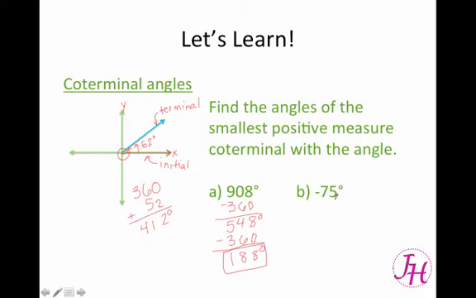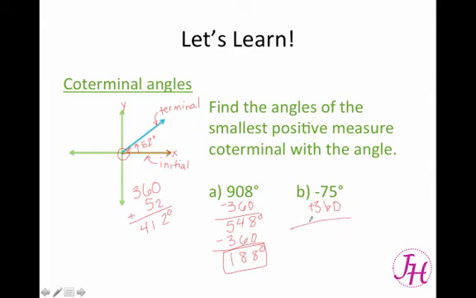Now for part B, we have a negative angle measure, which means that instead of the terminal side moving counterclockwise, the terminal side has moved clockwise. So it has started on the x-axis and it has gone down. We want the coterminal angle with smallest possible measure. So instead of subtracting 360 degrees, because that's going to continue to give us a negative number, we're going to add 360 degrees.